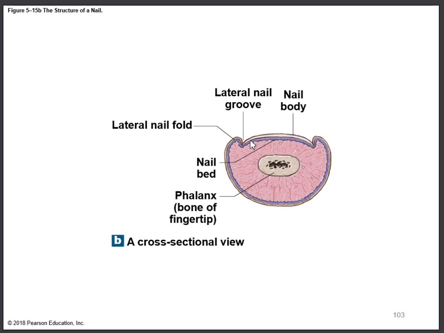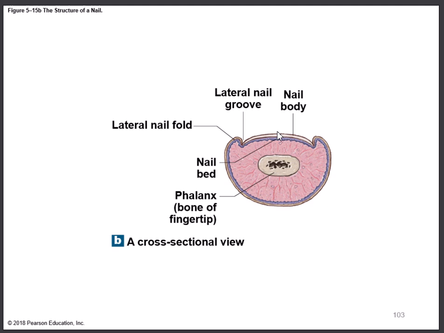So the curved end of the nail actually goes into this little groove right over here called the lateral nail groove. There's going to be one on this side too. So the nail goes into that little lateral nail groove, and then a piece of skin will actually cover that. This part right here and right over here is called the lateral nail fold.